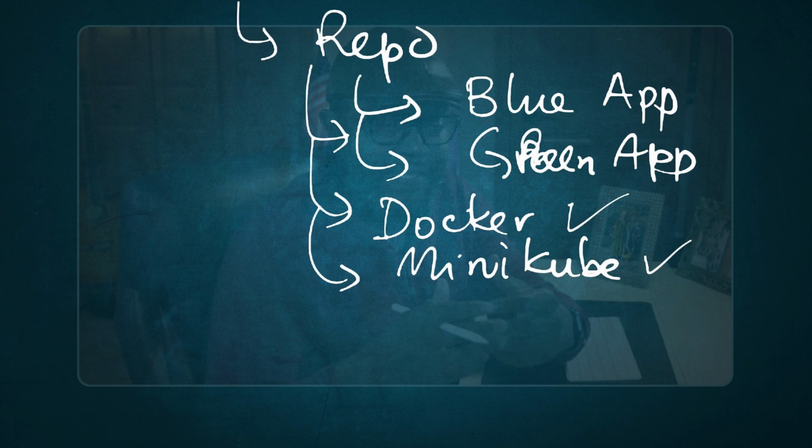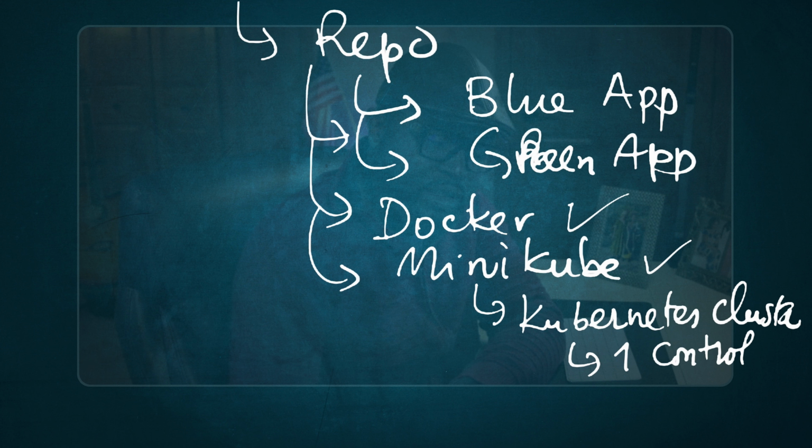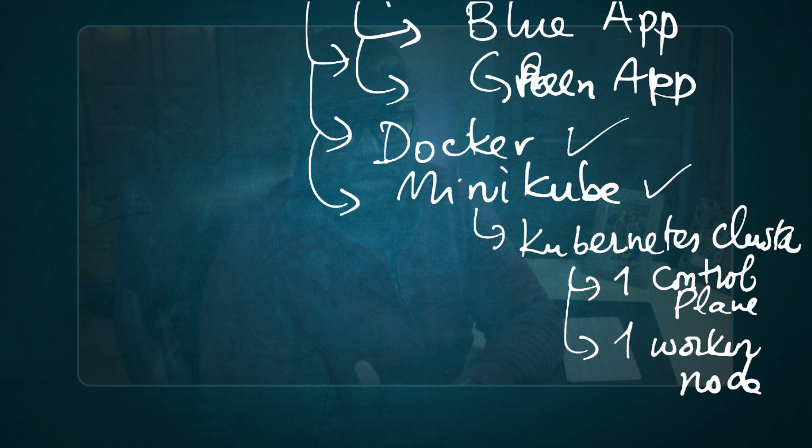With Minikube, you create a Kubernetes cluster with only one control plane node and one worker node. This is not ideal for production. This is ideal only for personal projects, and that's why we're using Minikube here.